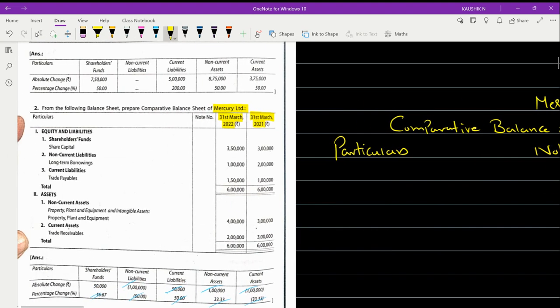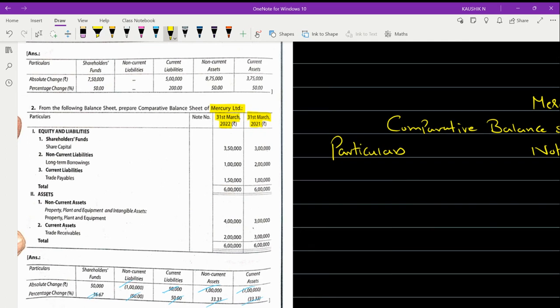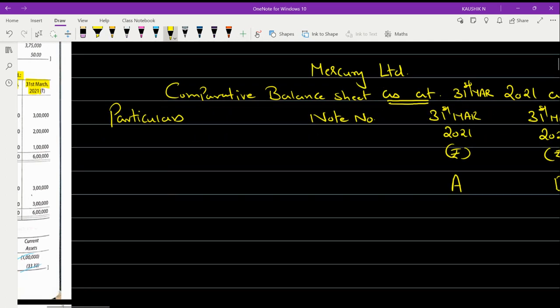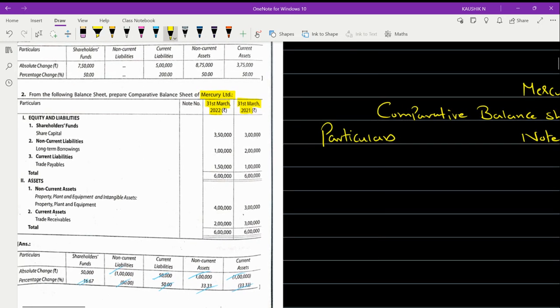Now let's come back to this particular statement. As it is given, the particulars column, like that you have to write the particulars column. So number one, equity and liability. Okay. So over here it's going to be number one, equity and liability.